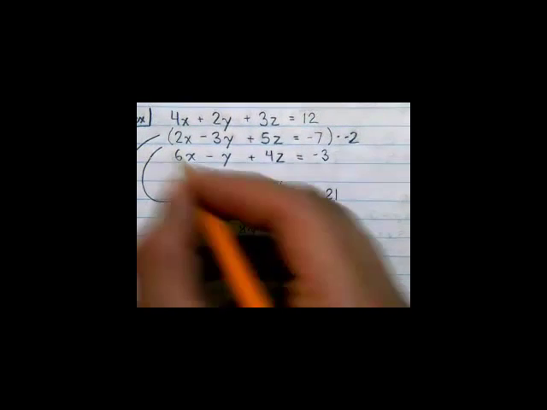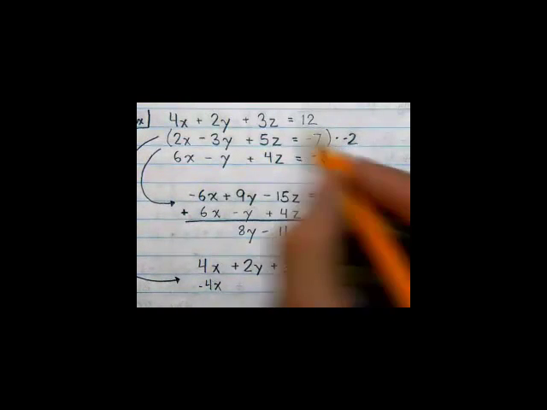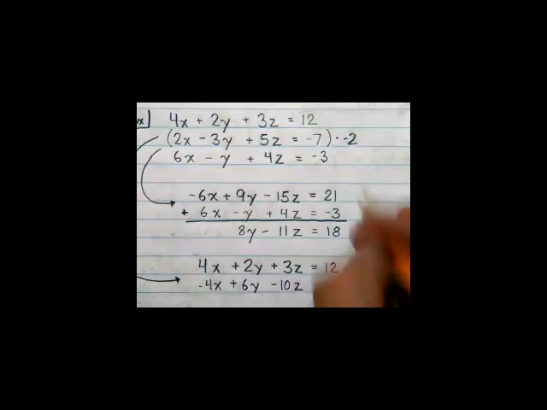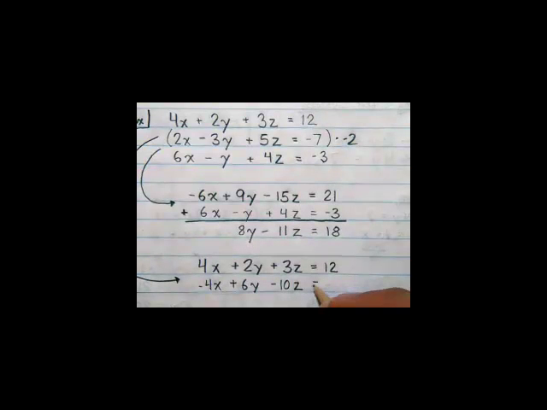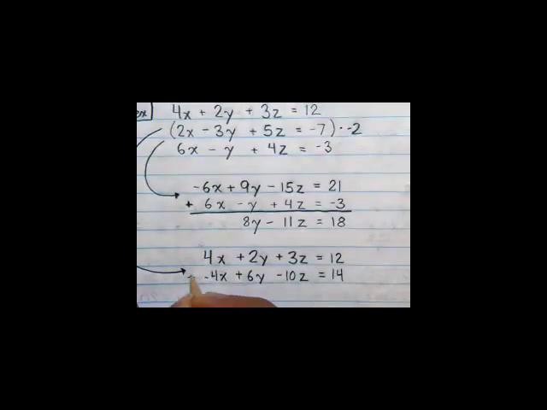Okay, so what do we get? So -2 times 2, so -4x plus 6y minus 10z, and that would be positive 14. All right, so we can add them up again.